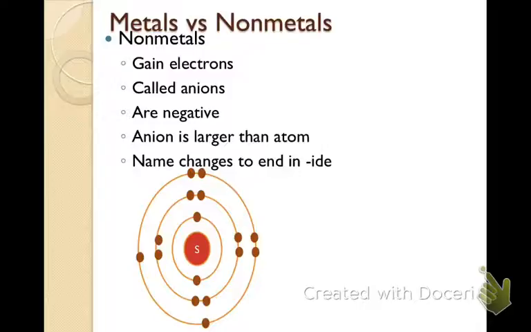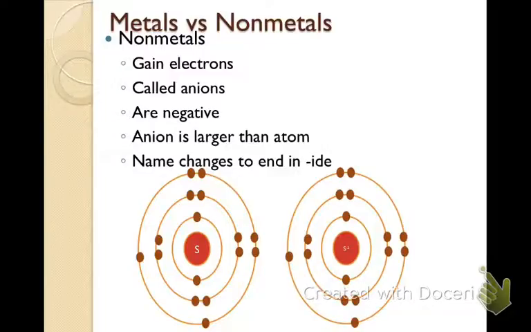It takes less energy for this atom to gain 2 more electrons. When they gain electrons, they're called anions. They become negative, and we'll show you the sulfur ion. So here we have the same sulfur, but this time we're gaining 2 more electrons. Now we have a full valence shell, or 8 electrons, to fulfill the octet rule.